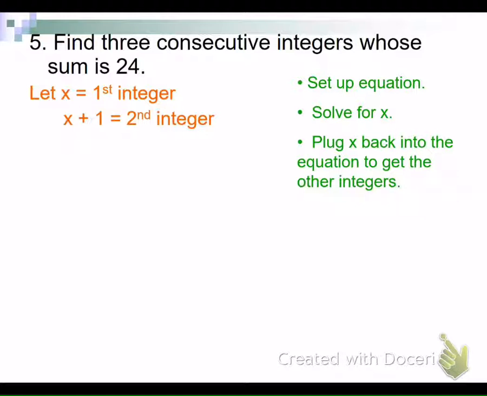Consecutive integers go up by 1 each time. Think of how you would go from 2 to 3. Now, the third one's trickier because you have to start back at the x. So to go to the third integer, you'd actually have to add 2 to the first integer.